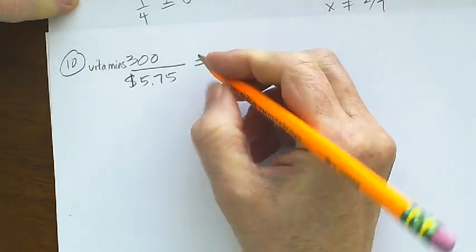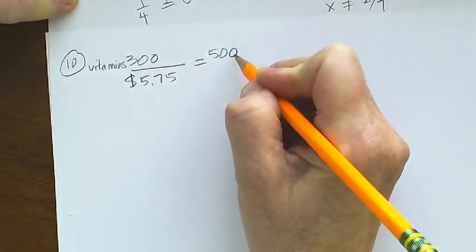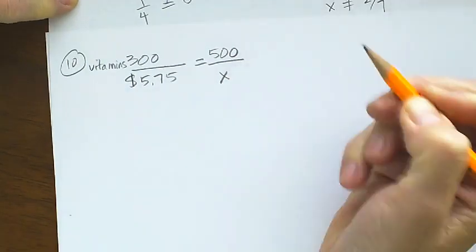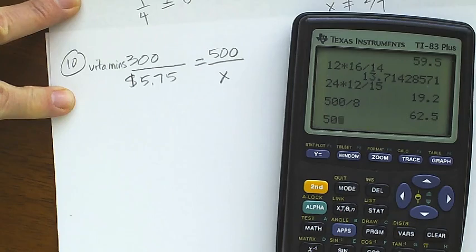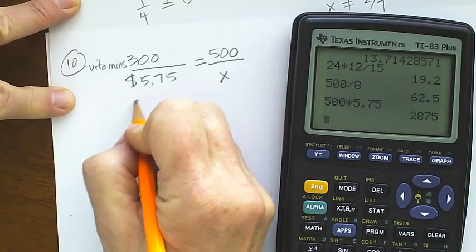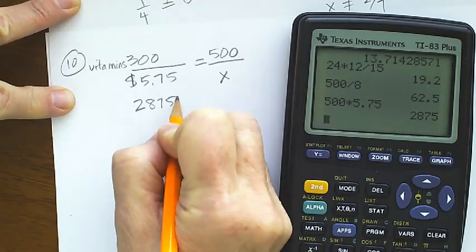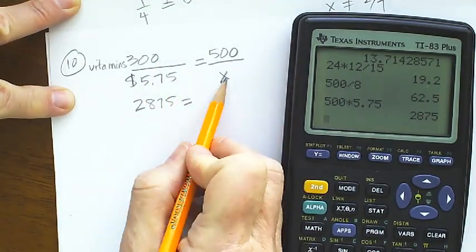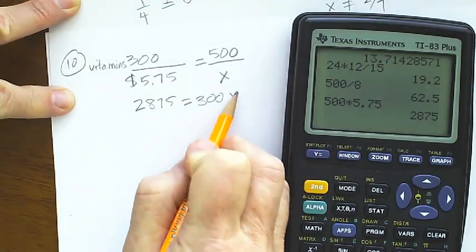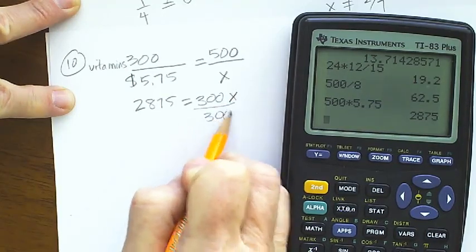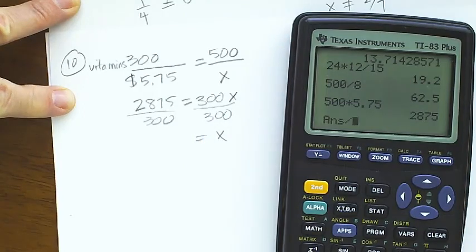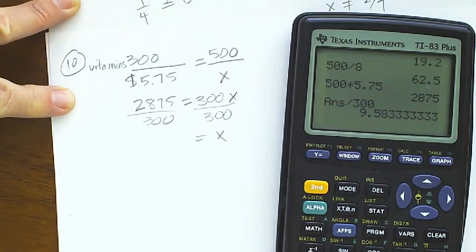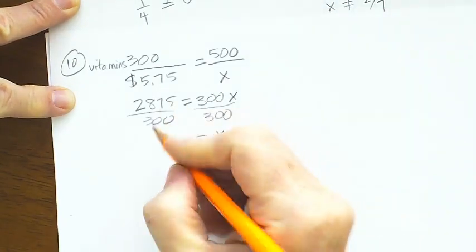And then it says, what should 500 vitamins cost? So I'm going to put 500 on top, x on the bottom, and I'm going to multiply 500 times 575. $300 times x would be 300x, and then I'm going to divide both sides by 300. So that is 9.58.